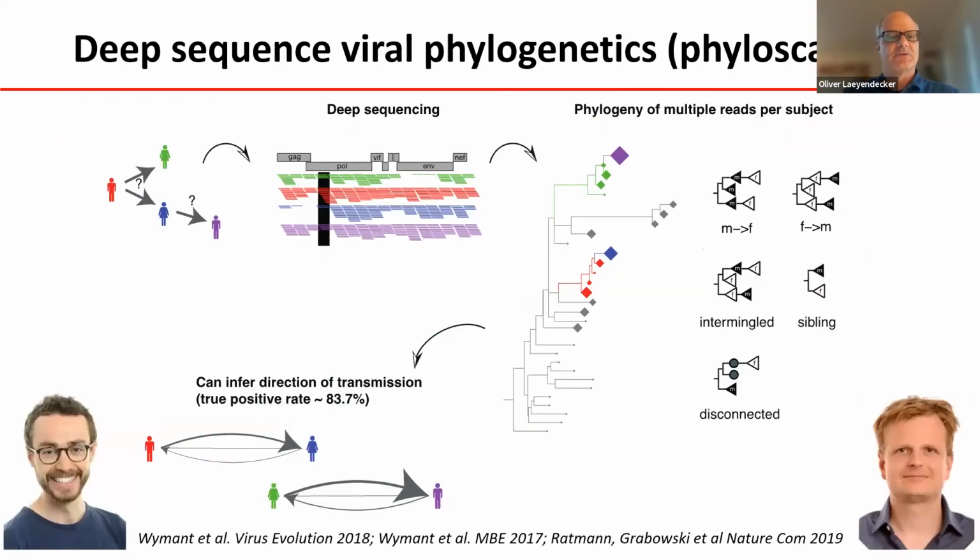And so this was wonderful work done by Chris Wyman in terms of phyloscanner being able to take all that deep sequencing data and build the phylogenetic trees as you go through the entire genome.